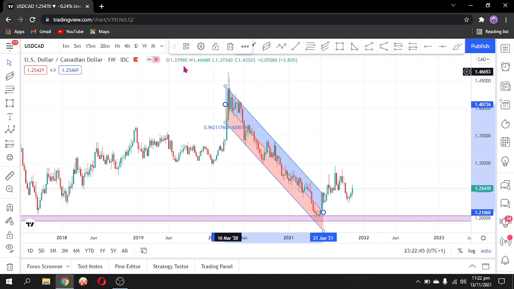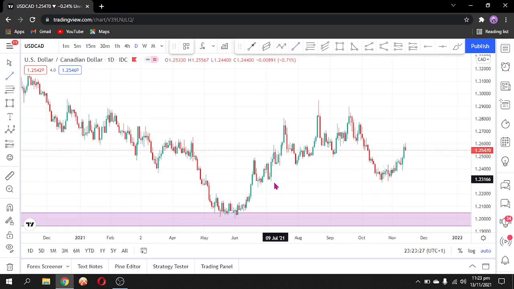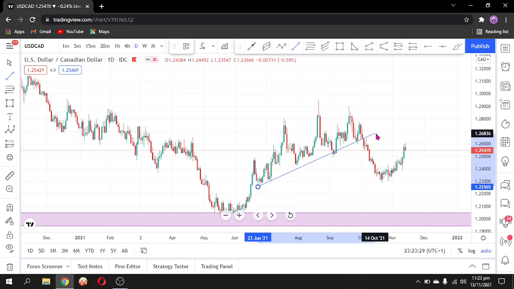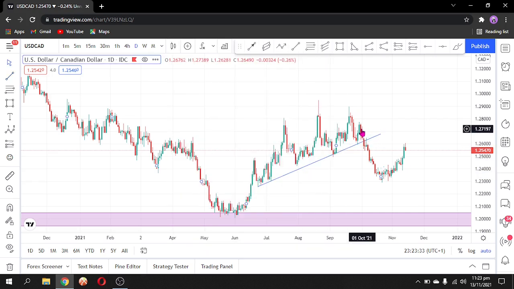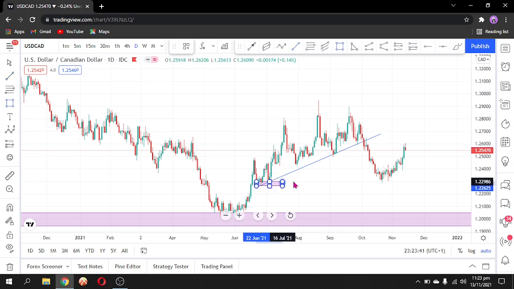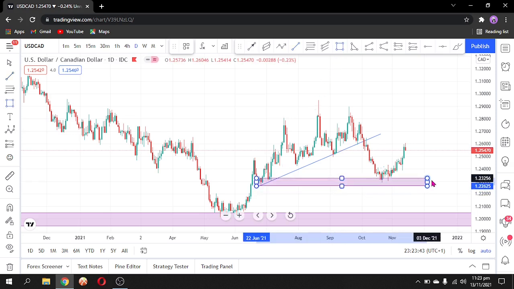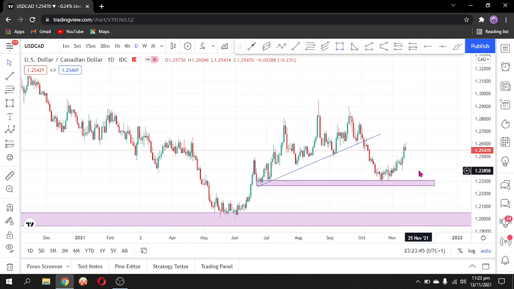After this bearish channel, I have a bullish trend line, and a support zone.